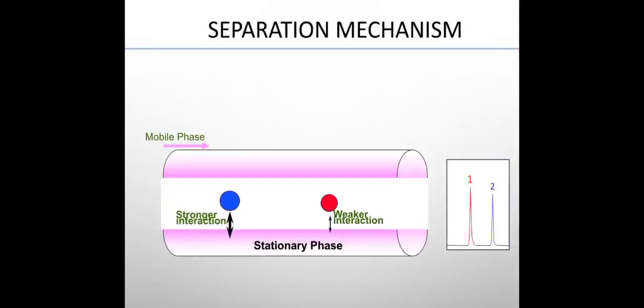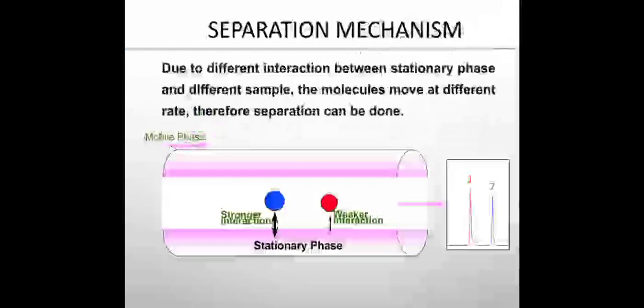The stronger interaction analyte is retained in the column and is eluted later. Due to the different interaction between the stationary phase and different samples, the molecules move at a different rate and therefore their separation can be done.